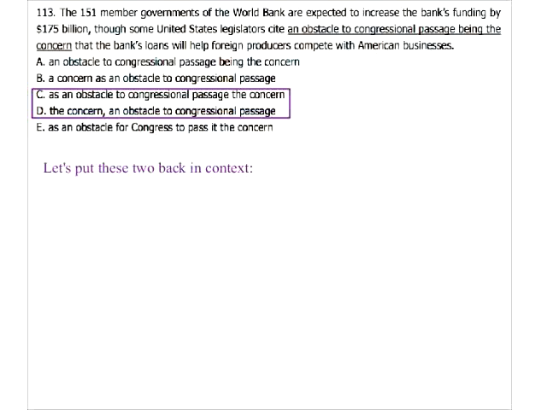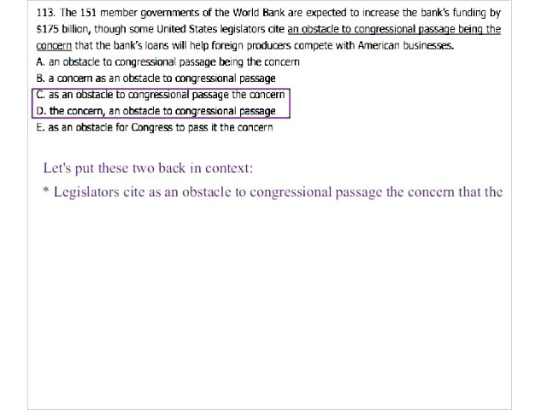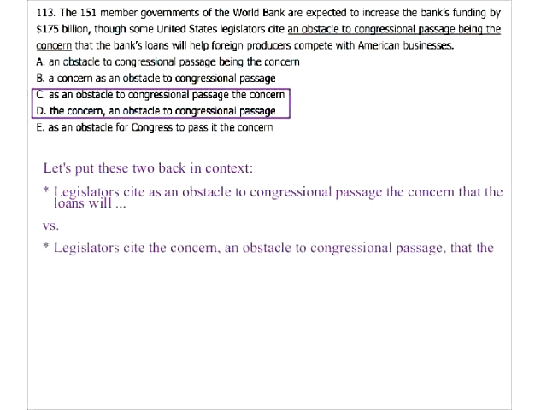So: legislators cite as an obstacle to congressional passage the concern that the loans will blah, blah, blah, versus legislators cite the concern an obstacle to congressional passage that the loans will blah, blah, blah.